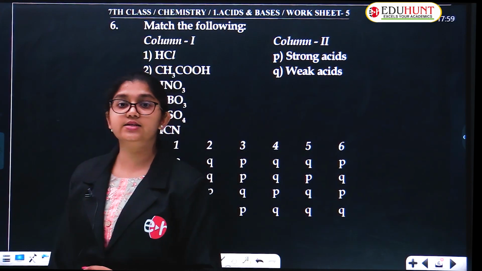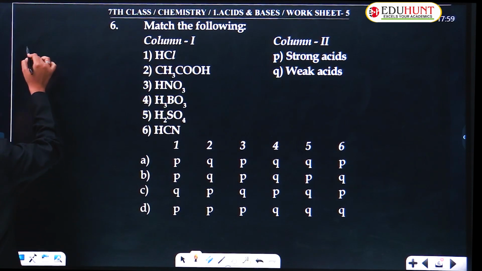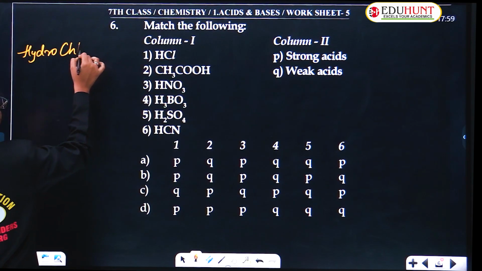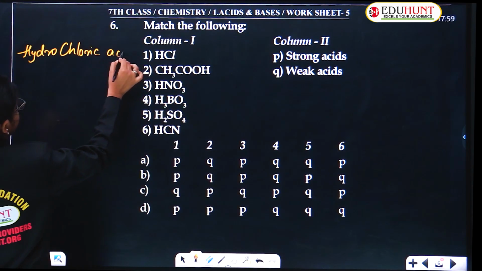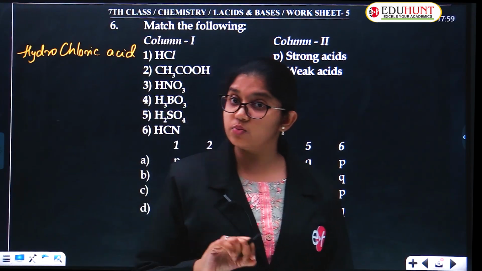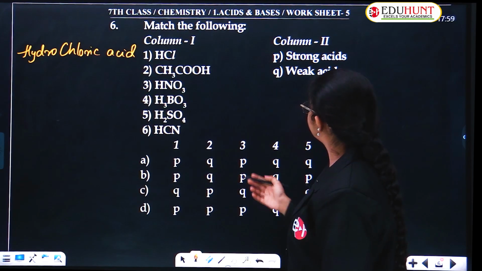So tell me, what is HCl? HCl is hydrochloric acid or hydrogen chloride. Is hydrochloric acid a strong acid or a weak acid? Definitely it is a strong acid.